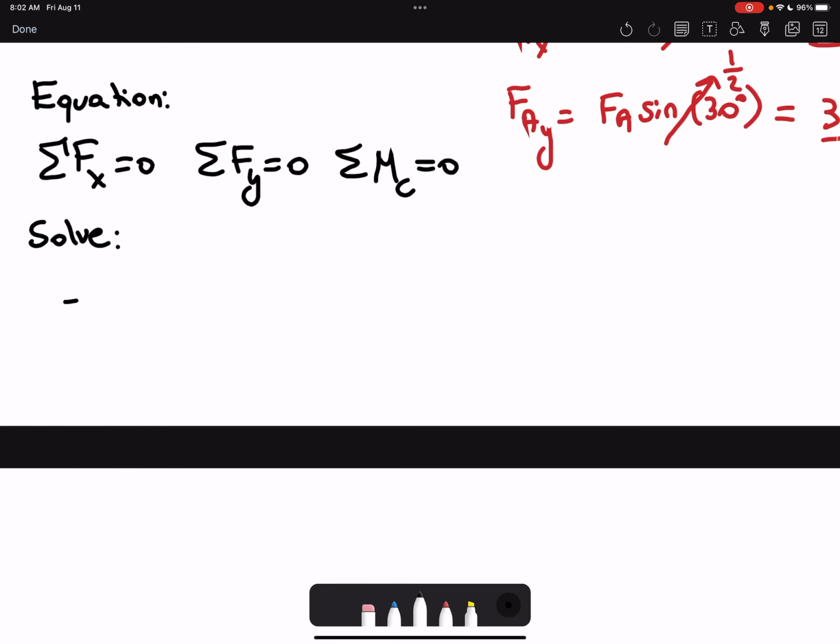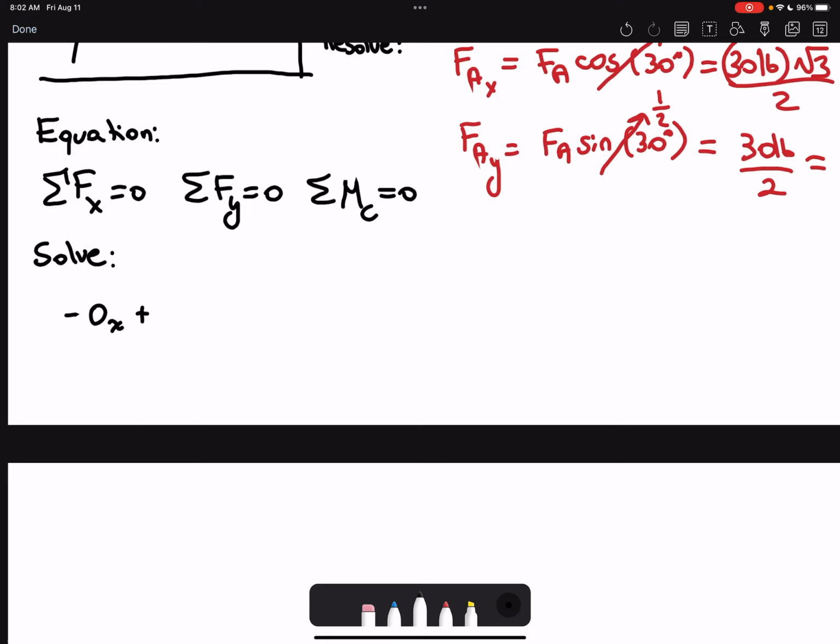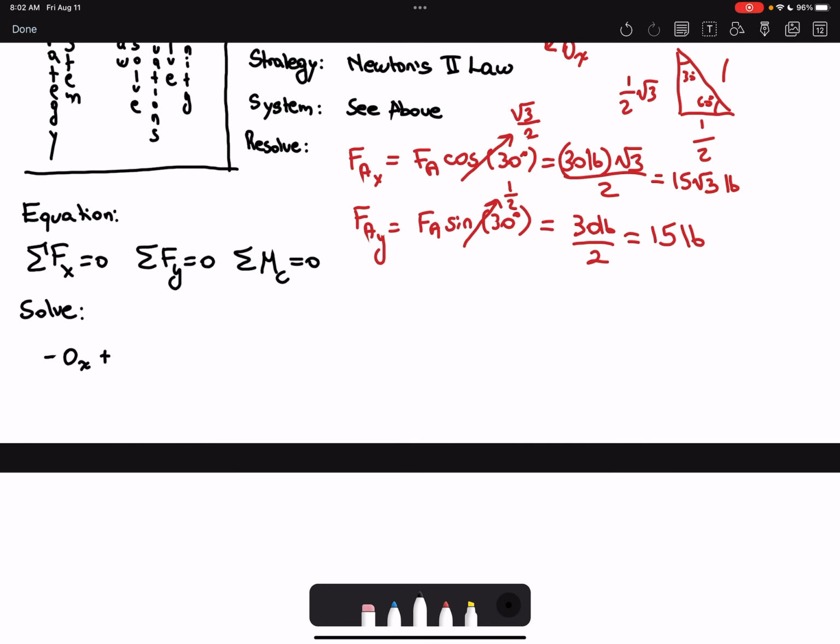So we're going to say negative OX plus FAX is going to be equal to 0, which is OX is equal to FAX, which is equal to 15 square root of 3 pounds. Okay?